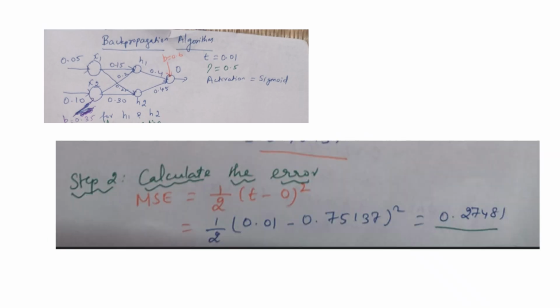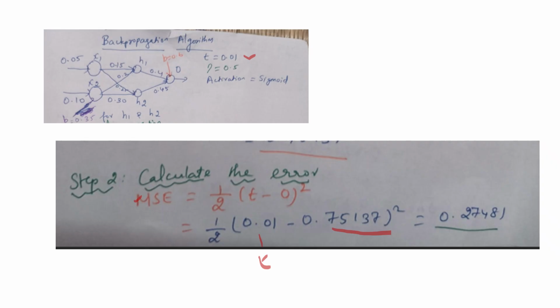Now we have to calculate the error. In the previous slide, our output is 0.75137. Our target is given in the question itself. So I have applied mean square error. The formula is 1 by 2 times target minus output, the whole square.